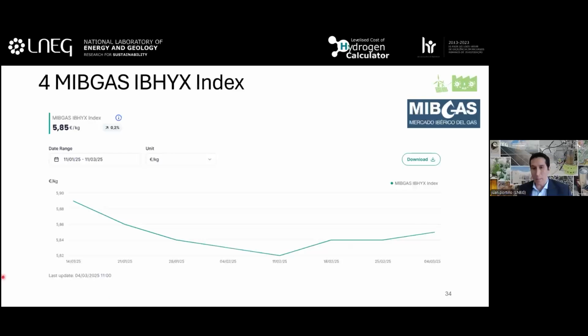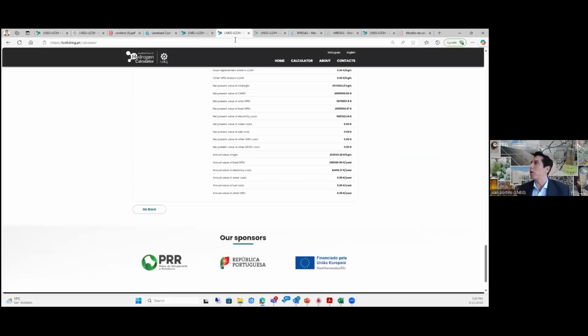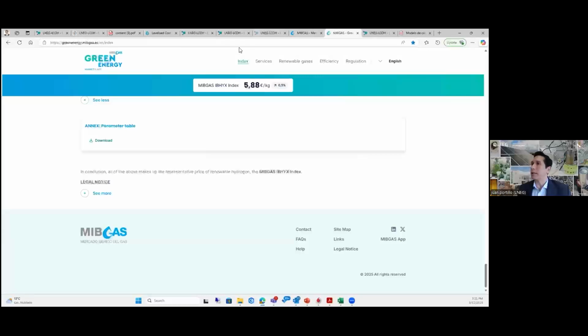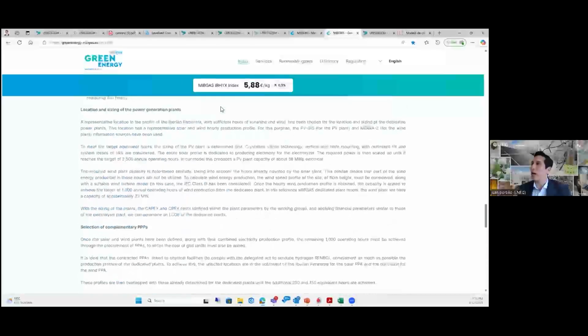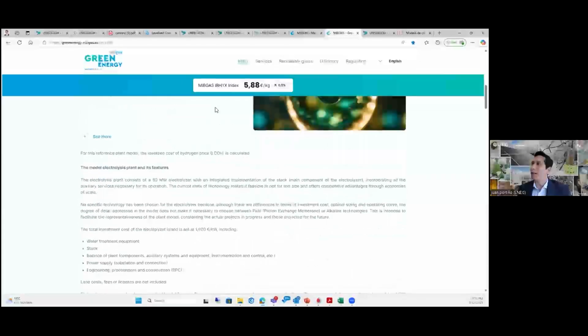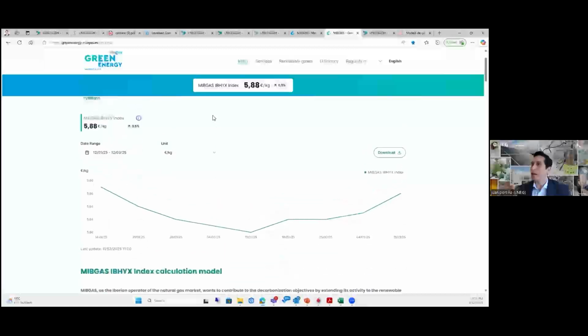Okay, we may go to the website so you can get a flavor of the current price of this index. So this is the same graph, but we have an additional point in here, and we had 585 a week ago, and now we have 588 euros per kilogram.